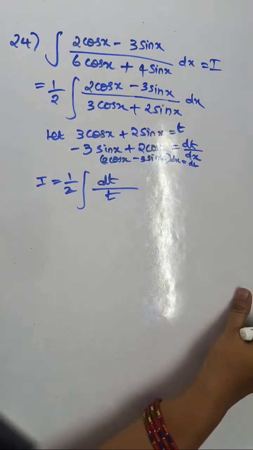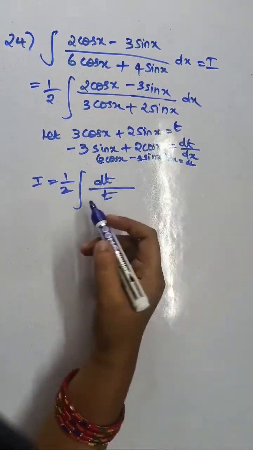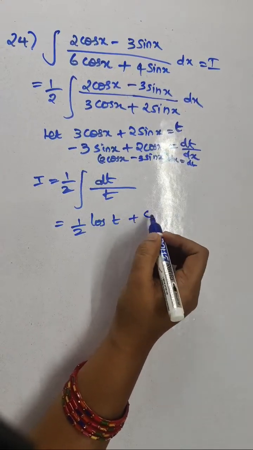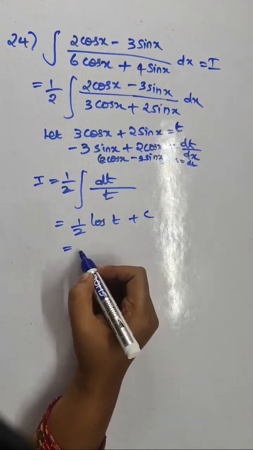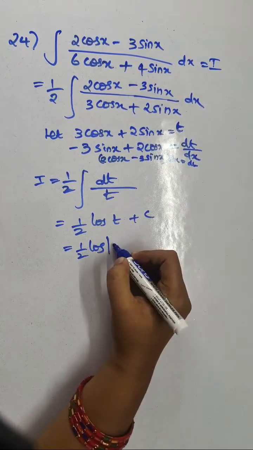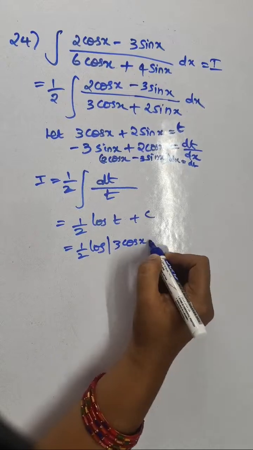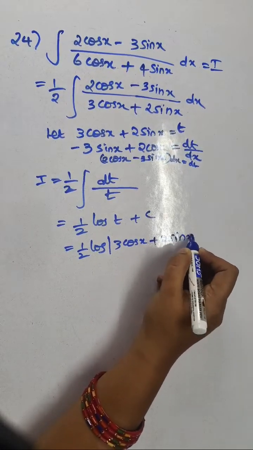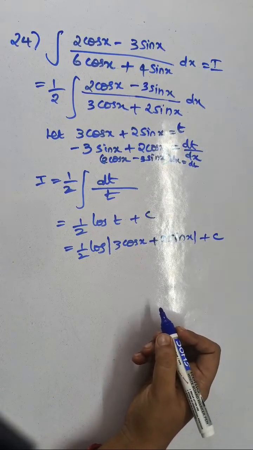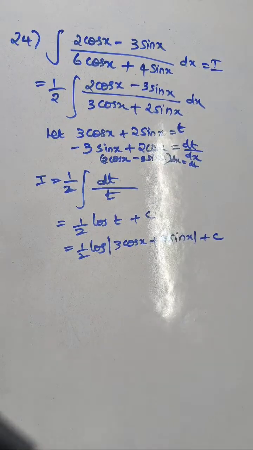Integration of 1 by t is log t. Replace t in terms of x. So that becomes log of 3 cos x plus 2 sin x plus c. This is the required answer.